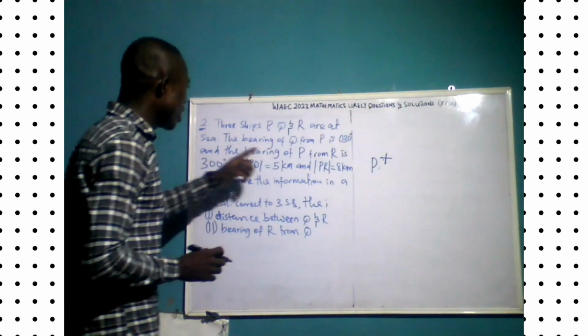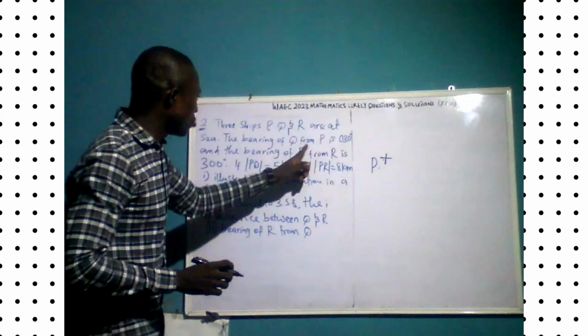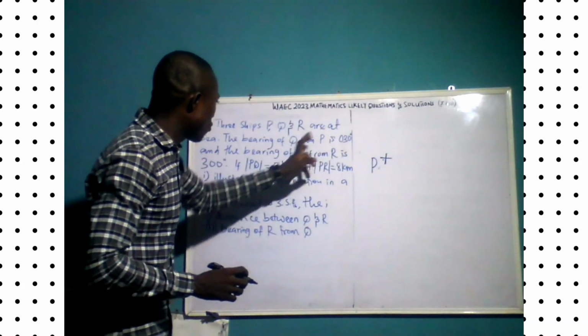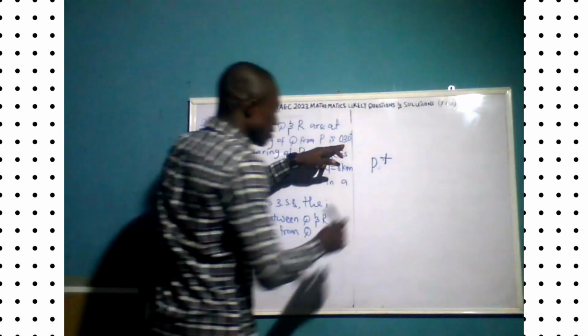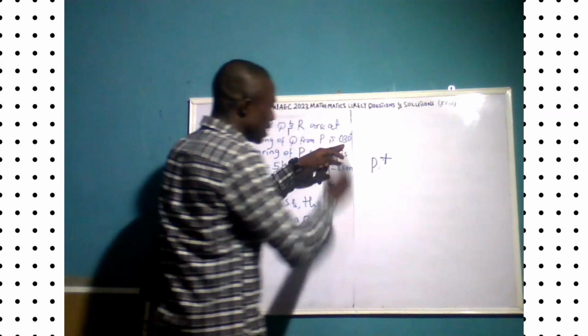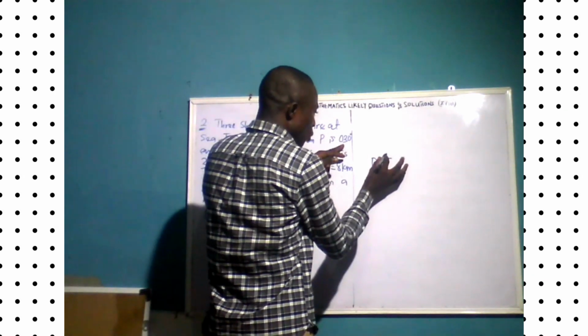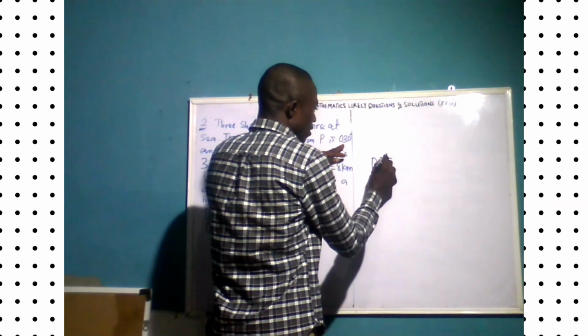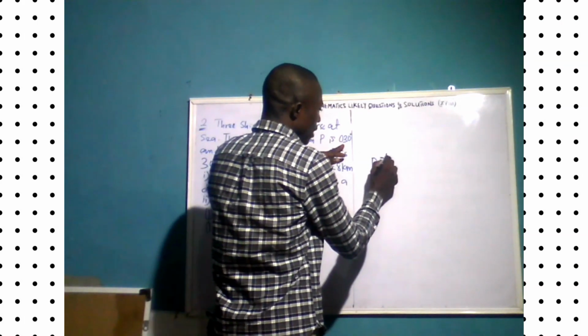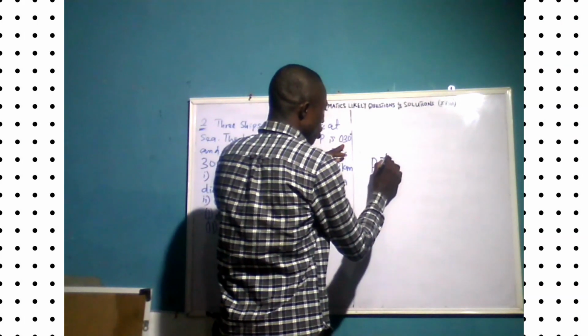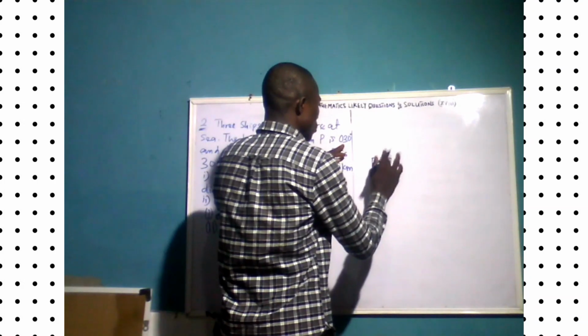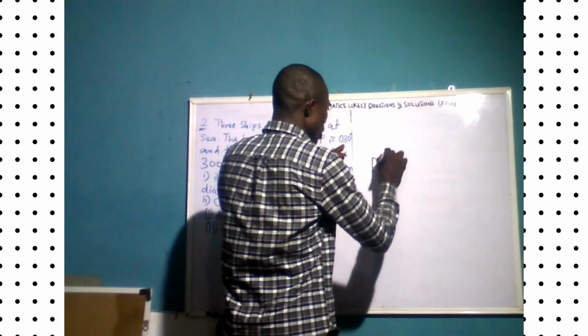We are told that the bearing of Q from P is 030 degrees. It means that starting from North, you measure an angle of 30 degrees from North, so it will be somewhere here.